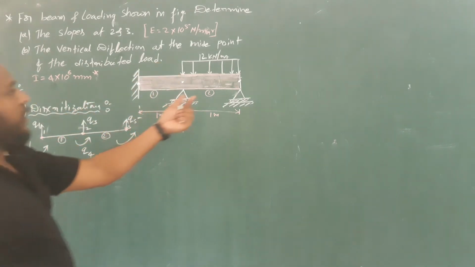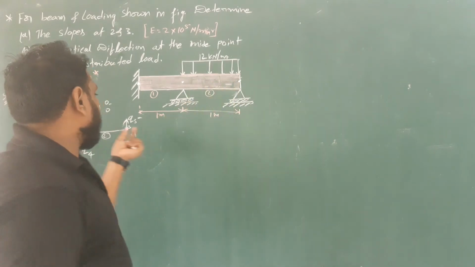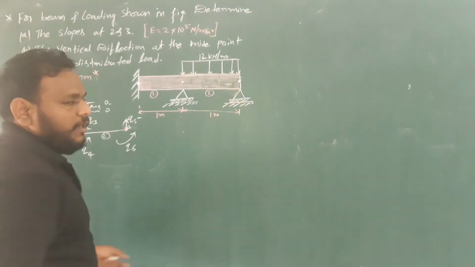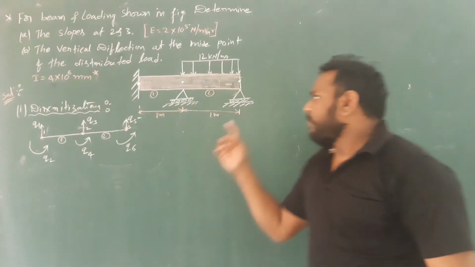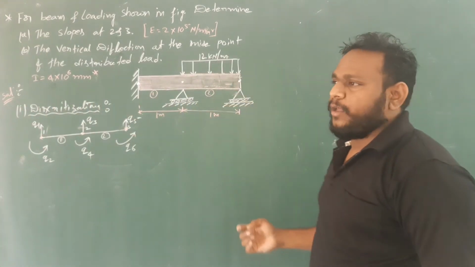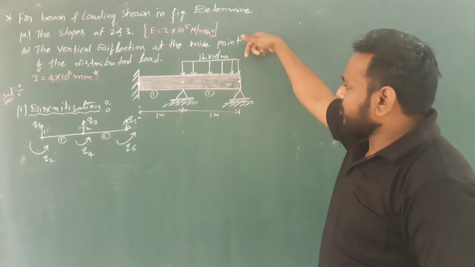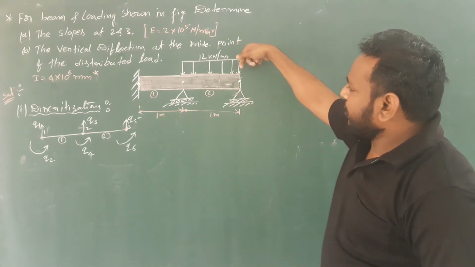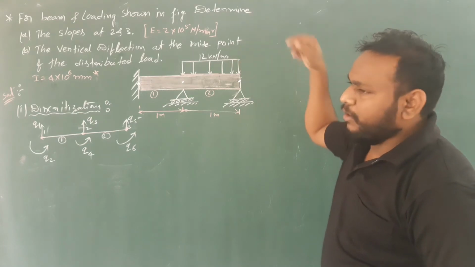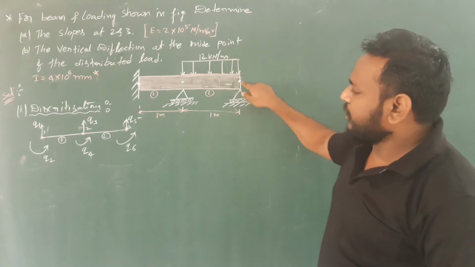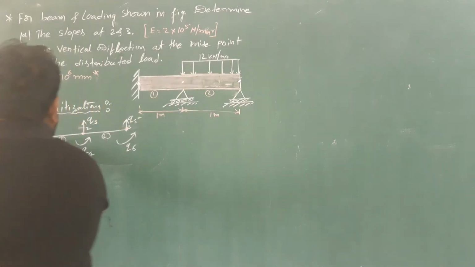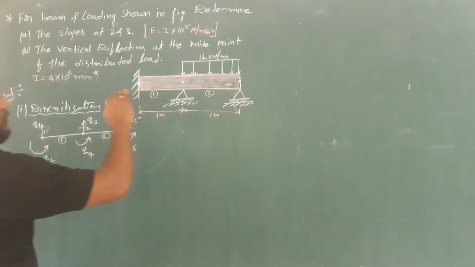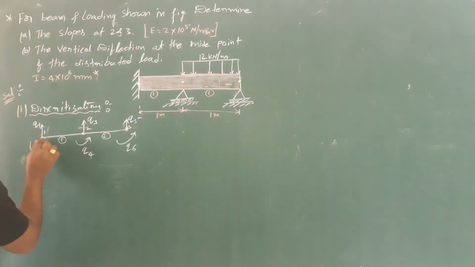Next, here also we take another node, that is 3. Here also some support is applied, and some load is upon the beam element, that's why we take one node. So this entire system has 3 nodes, 1, 2, 3.